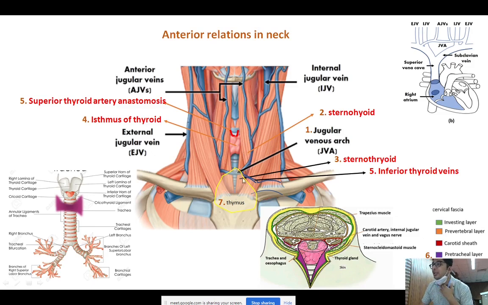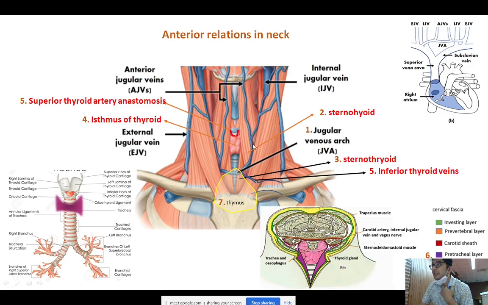It's very important. You are cutting the skin, the superficial fascia, and the cervical fascia or deep fascia of the neck. Then the first thing you get is the jugular venous arch. This is the internal jugular and the external jugular vein, and these two are the anterior jugular veins.